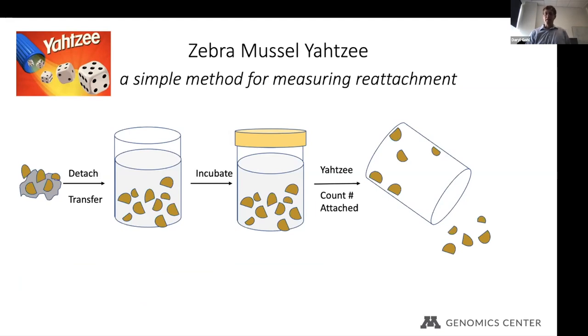It's really a simple test where we detach a mussel from its substrate, put them in a jar, let them sit for a certain period of time, and then we tip the jar over and see how many mussels have attached to the surface. We've shown that the mussels will do this repetitively over many days. If we detach them each morning, come back later in the day or the next morning, they'll continue to reattach to the surfaces.